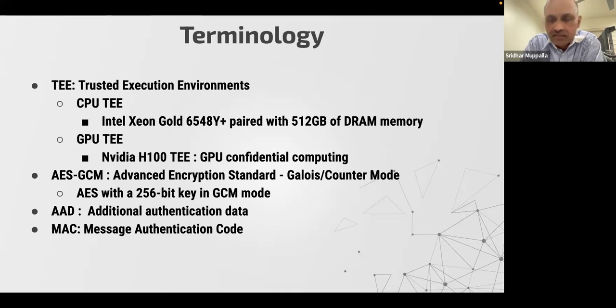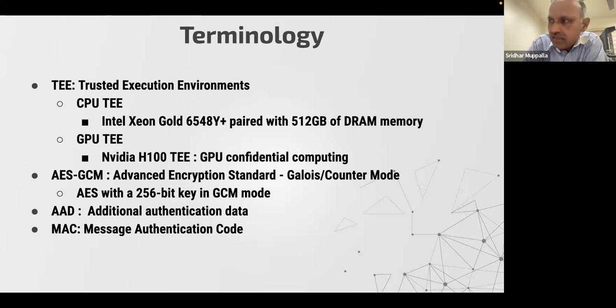I think for this paper, they have used the Intel Xeon Gold 6548Y+ processor, and 512 gigabytes of DRAM memory has been used in the CPU TEE. And for the GPU TEE, the NVIDIA H100 has been used.